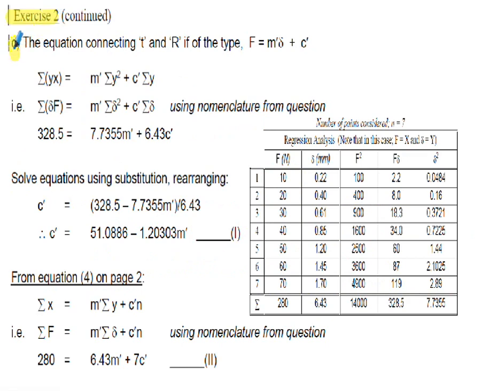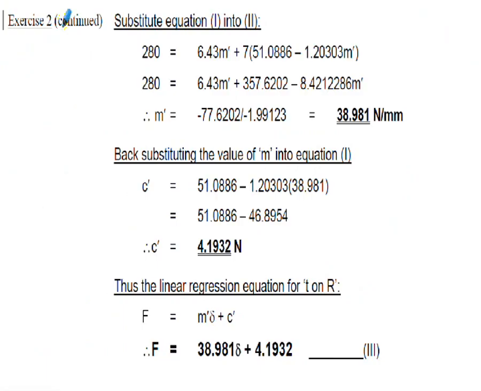Exercise 2 part C continued here, ending up with the values of the m dash, the c dash, and again the equation here.